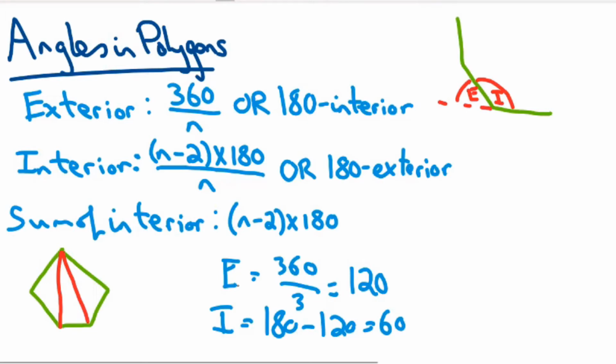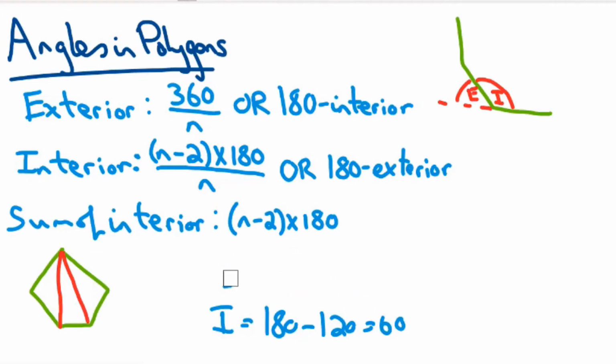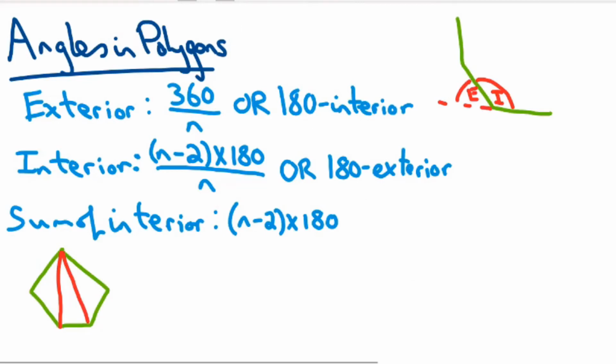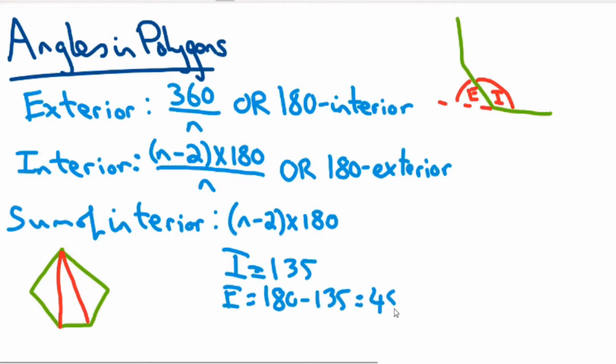Okay, but then how about the other way? Let's say instead we know what the interior angle is. We know the interior angle is 135. What then is going to be the number of sides? So we know the interior is 135. The exterior, therefore, is going to be 180 minus 135, which is going to equal 45.